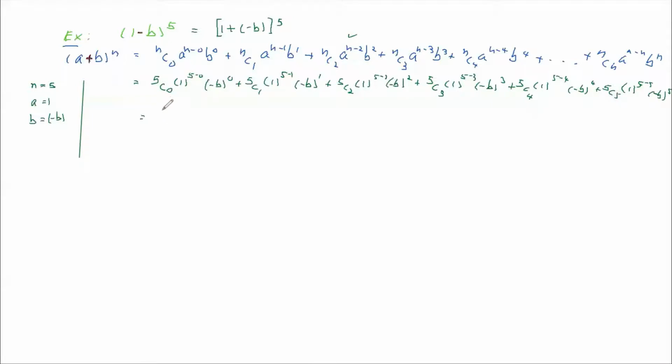So then 5C0 is 1 again, and 1 to the power 0, and b to the power 0. So the first term is 1. Observe, it's 1, so to the power 5 should be 1. And the second term here, 5C1 is 5. This one is 1 again, and this one is minus, right? So it should be negative 5b.